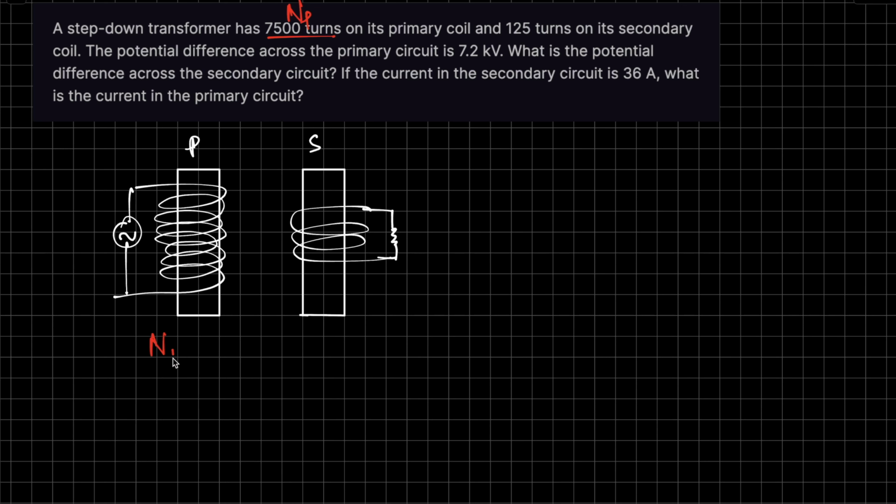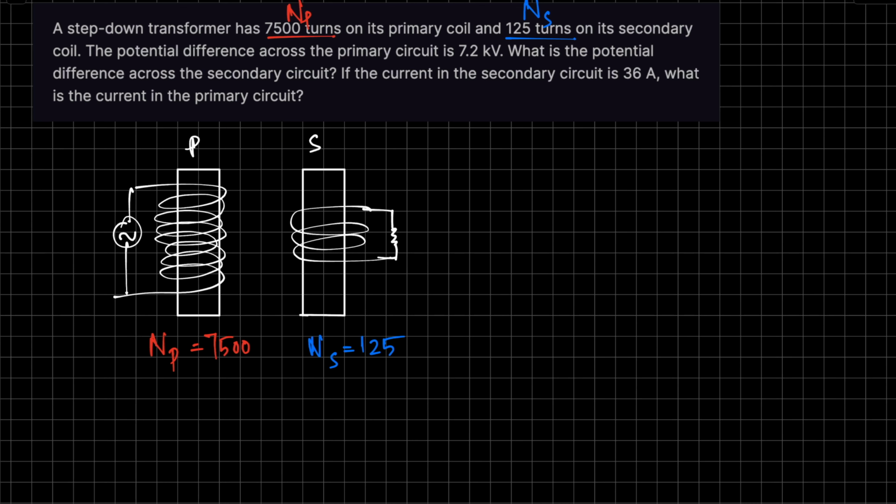Number of turns on the primary coil is 7,500. And number of turns on the secondary coil, this is NS. NS is 125 turns.